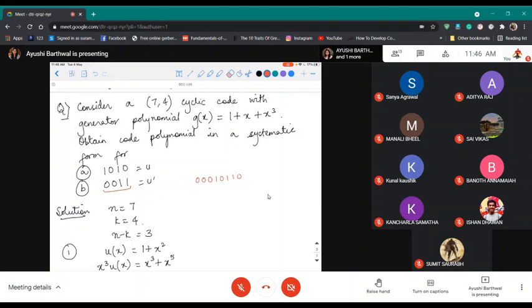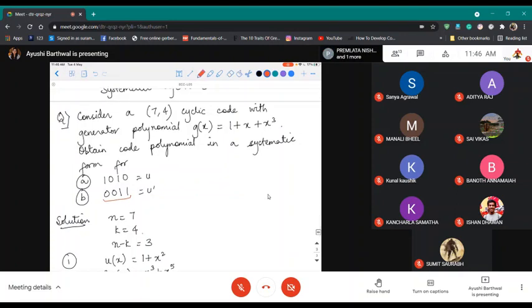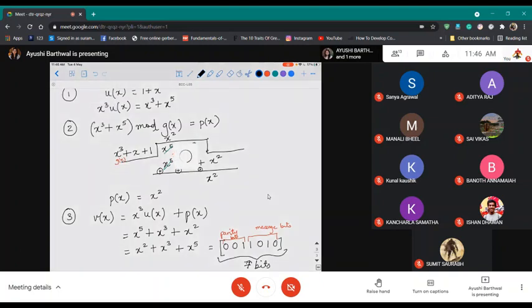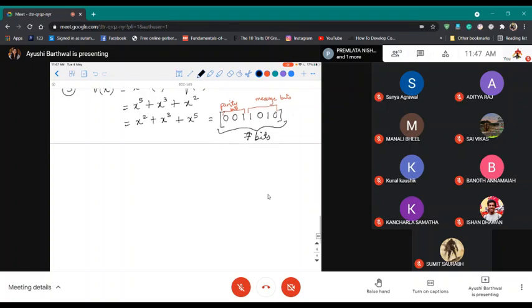Fine. So recalculate it. What you have to do, the code vector for this would be u0 is 0, u1 is 0, x square plus x cube. So this would be your code vector.